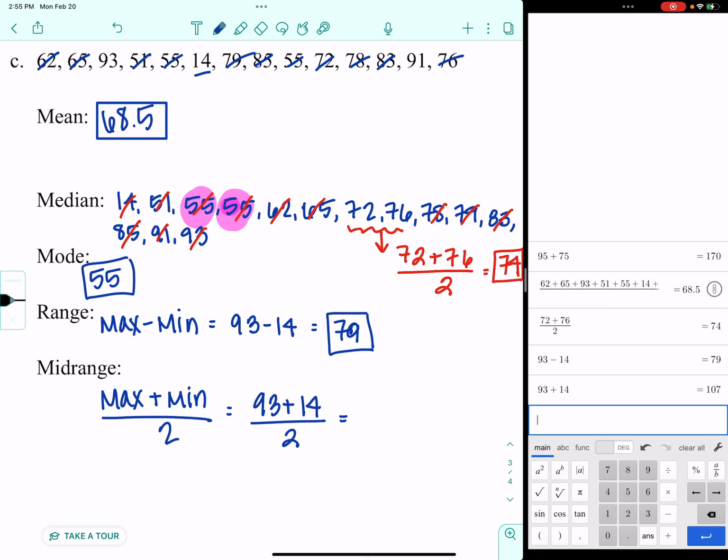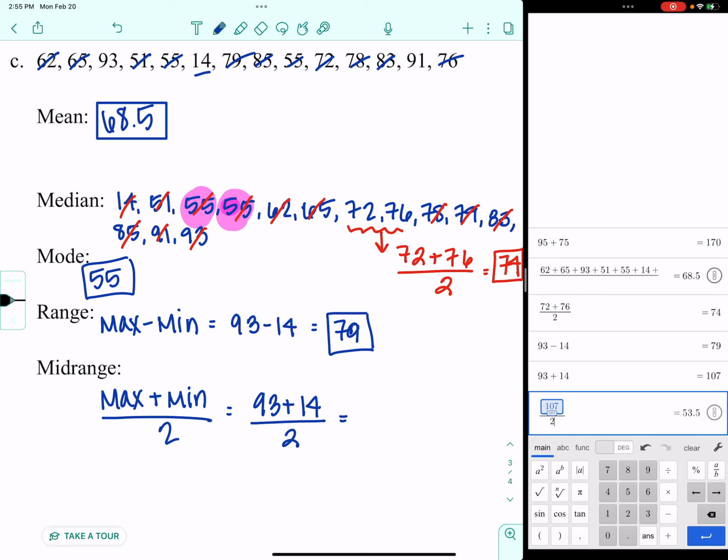So that's 107 divided by 2 gives you 53.5 for the mid-range.